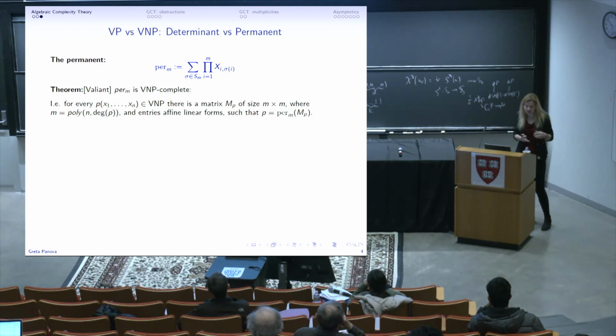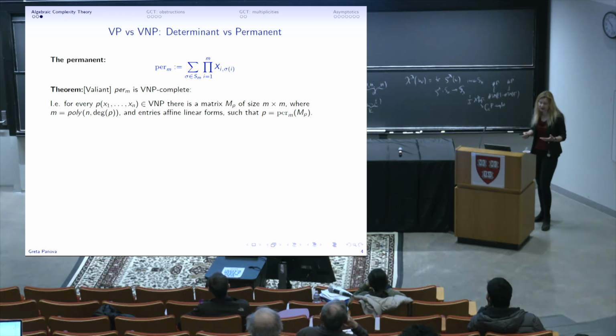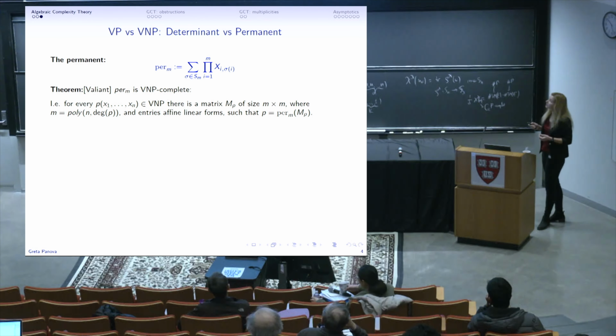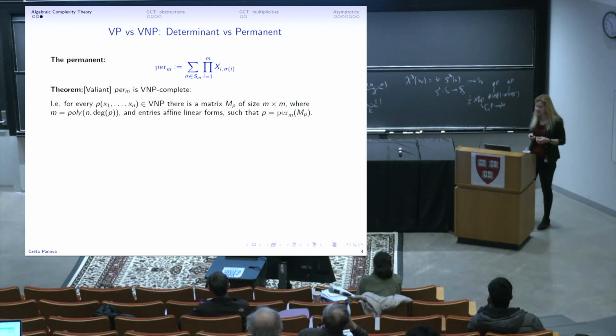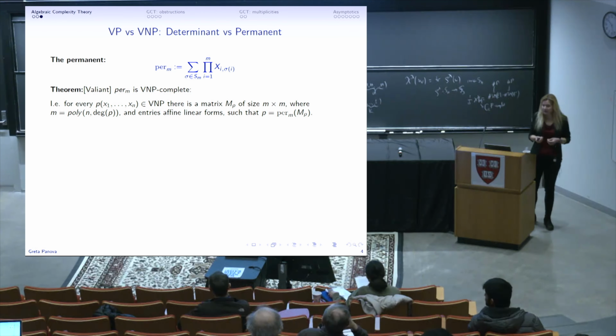In other words, for every polynomial in VNP, there is going to be a matrix of some size m by m, where m is polynomially large in terms of n and the degree of the polynomial, and the entries in the matrix are affine linear forms, such that the polynomial is equal to the permanent of this matrix.